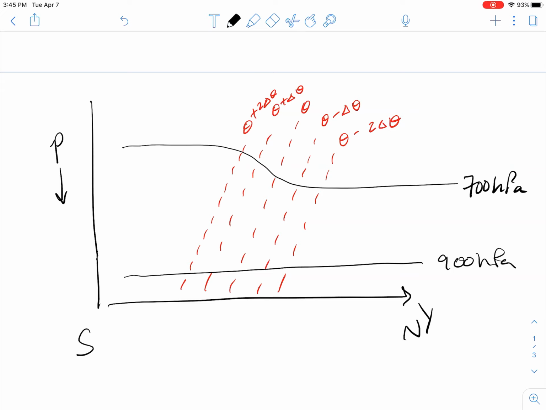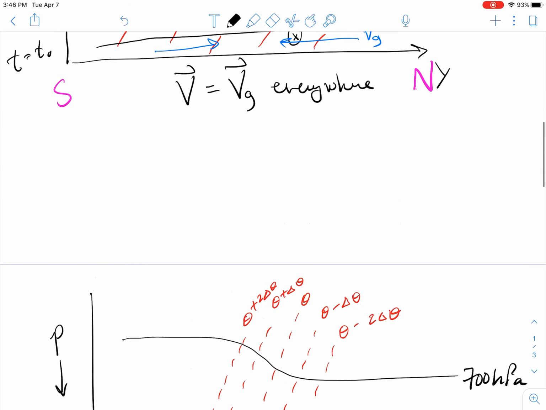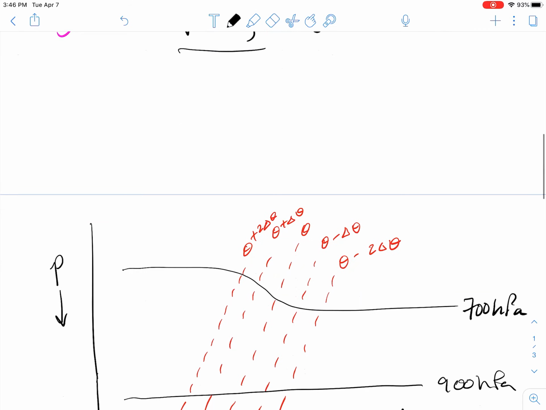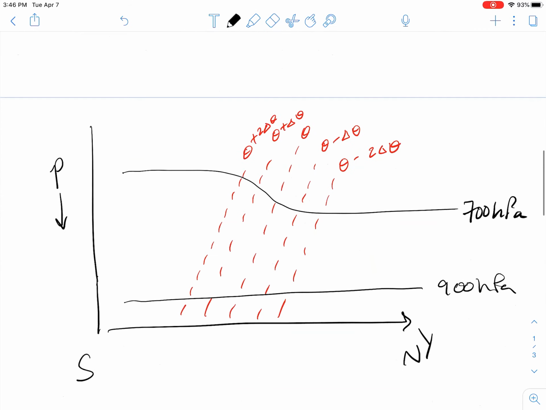And so we want to first consider only these changes in our geopotential heights, and thus changes to the geostrophic wind. And so recall initially we said that V was equal to VG everywhere. Now we're going to ask ourselves, what is going to happen as a result of the changes to our geopotential heights to our geostrophic wind that could cause changes and create an ageostrophic flow?